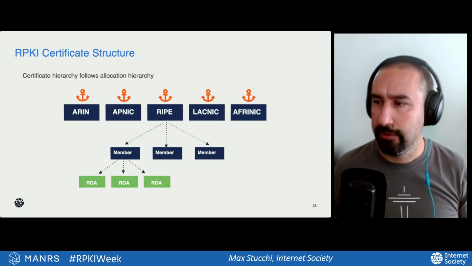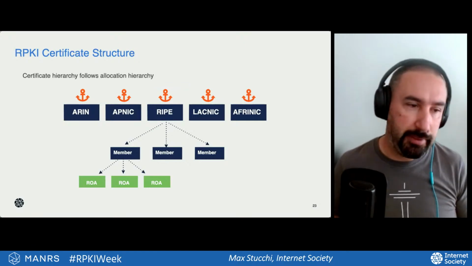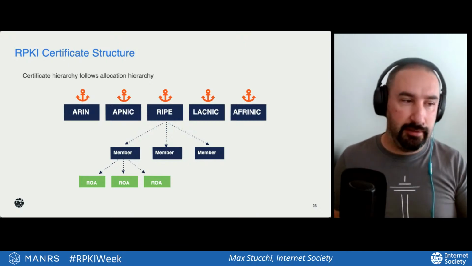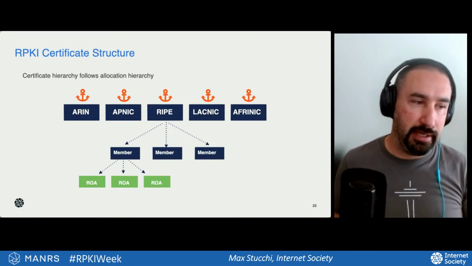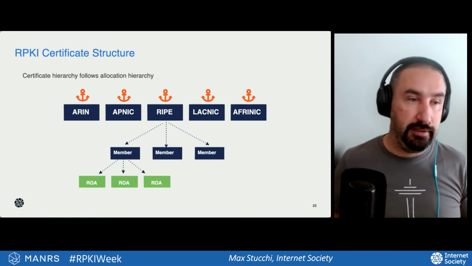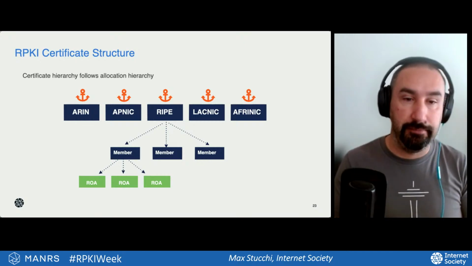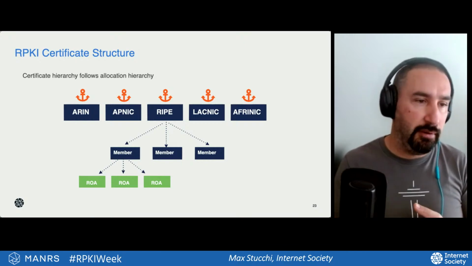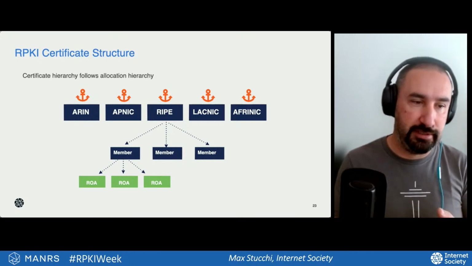Some of you might be from the APNIC region. In APNIC, and also in LACNIC, there might be an additional step in between. In APNIC, you have countries such as Japan, China, and India, where you have national internet registries.